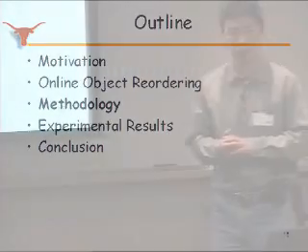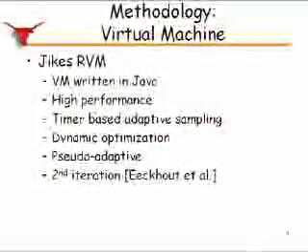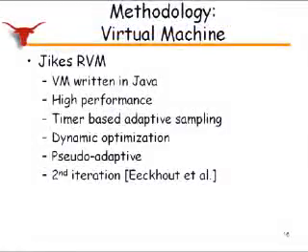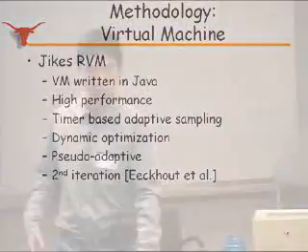And next, I will show some experimental results. First, I will introduce the methodology of our experiments. We use Jikes RVM, which is a VM written in Java. It's high performance, comparable to commercial VMs, and it uses timer-based adaptive sampling and dynamic optimization for hot methods.